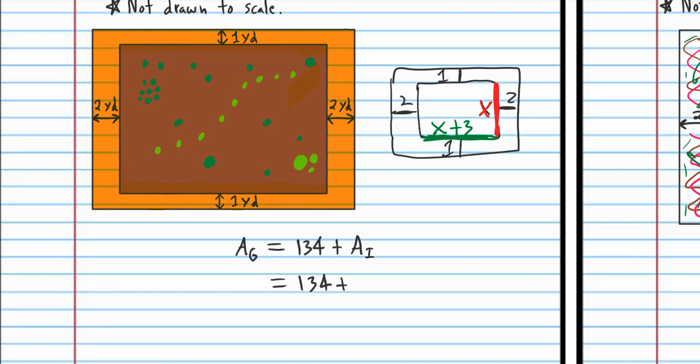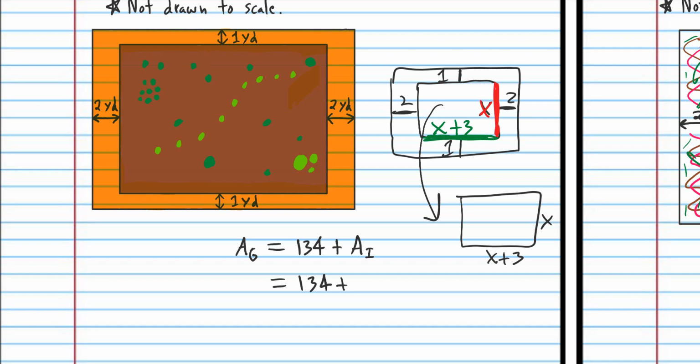So the area of the inner part, again, if I take this inner rectangle out, then we have x plus 3 and x. Or maybe I should write those outside of the rectangle. It doesn't really matter, but x and x plus 3. So to find the area of a rectangle, you do what?